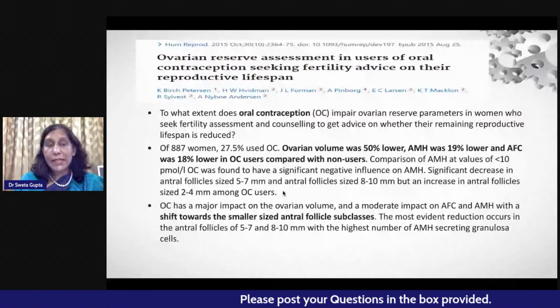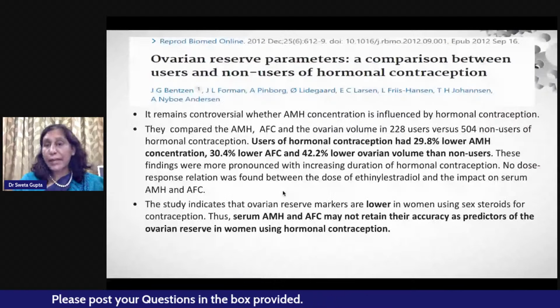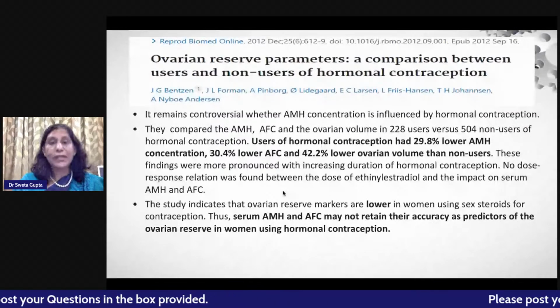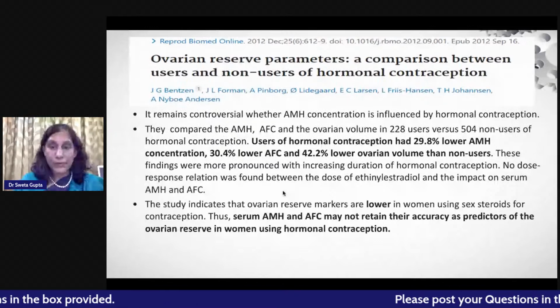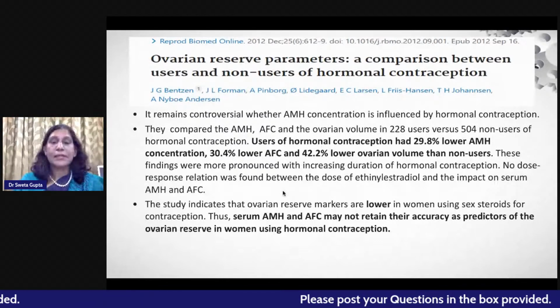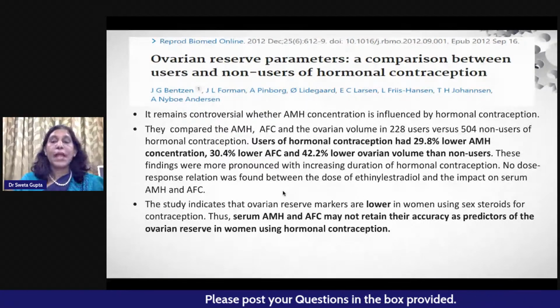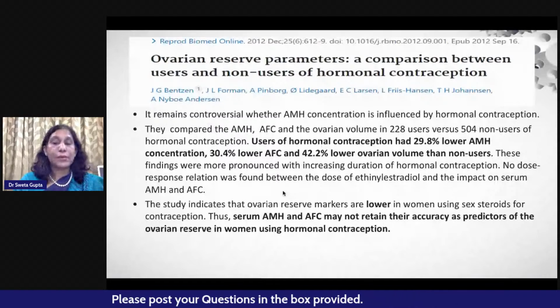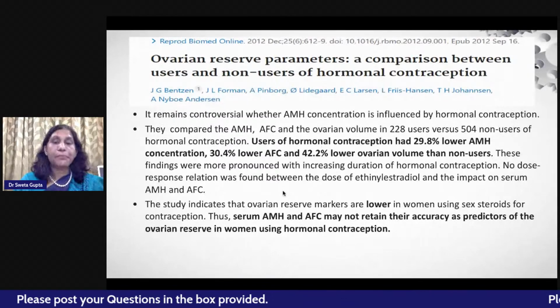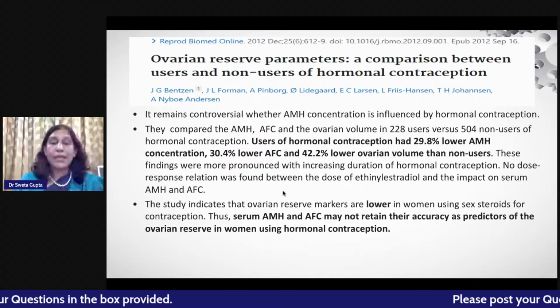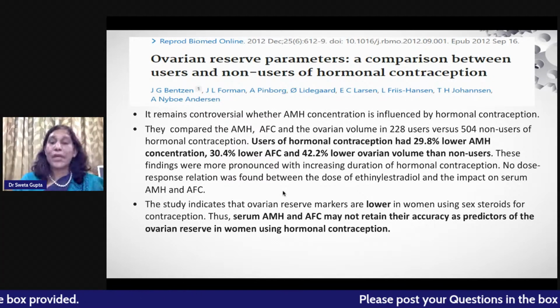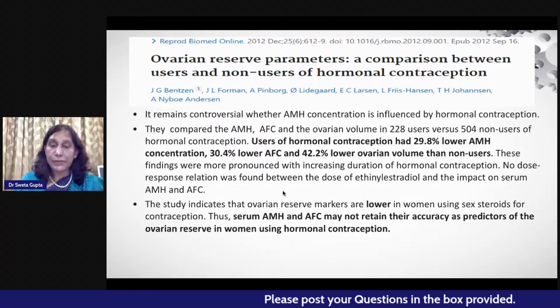Another study by Penziman also compared the AMH concentration and whether it is influenced by hormonal contraception. They found that users of hormonal contraception had a 29% lower AMH concentration, 30% lower AFC, and 42% lower ovarian volume than non-users.